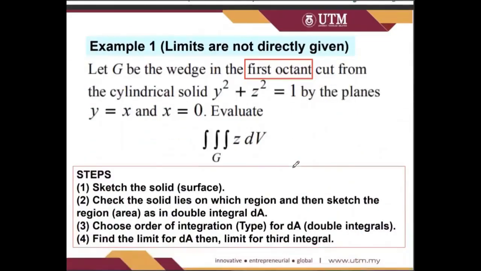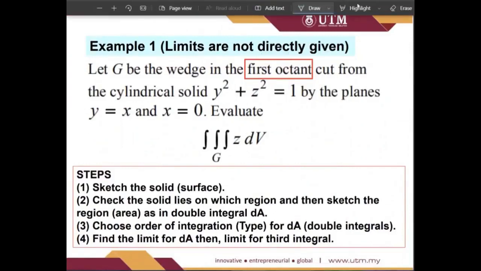So we look at an example. Example 1: the limits are not directly given, so you have to find the limits of integration. Let G be the wedge in the first octant, so you have to know where the first octant is, cut from the cylinder y squared plus z squared equal to 1 by the planes y equal to x and x equal to 0.